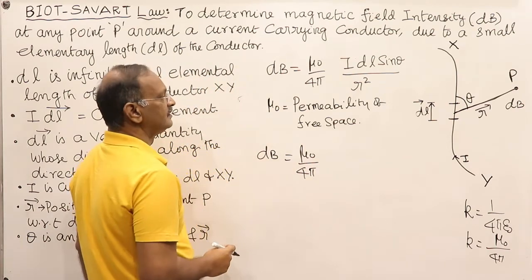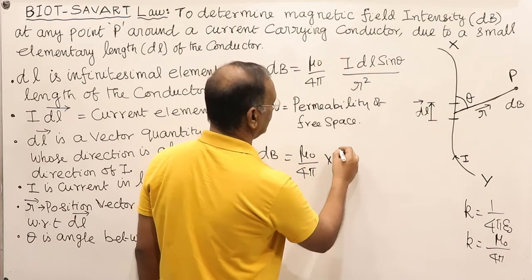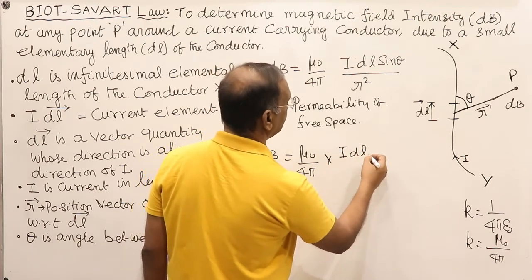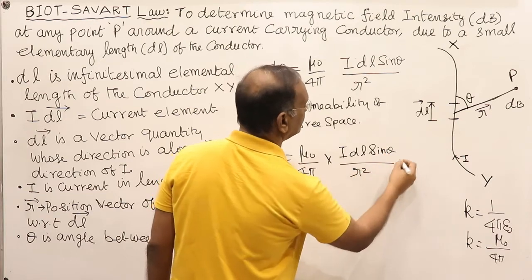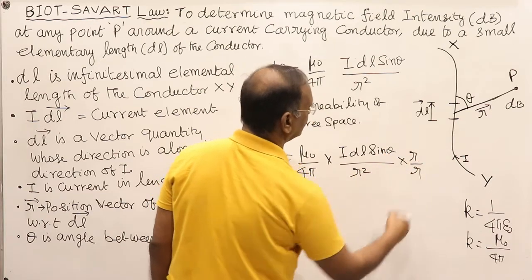dB is equal to mu naught by 4 pi into I dl sin theta by r square. Multiply and divide both sides by r.